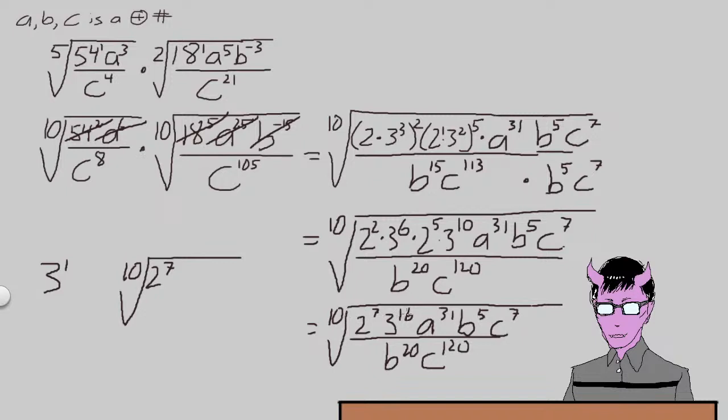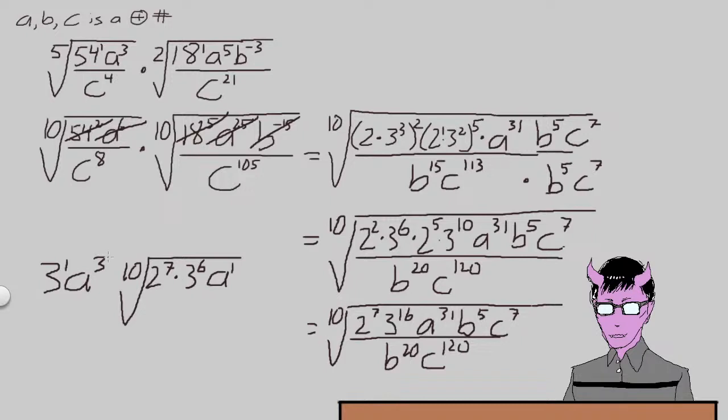How many do we have left over? 16 minus the 10 that we removed is 6 left over. How many 10s fit into 31? That would be 3. So we removed 30 A's multiplied together, so we have 1 A left over multiplied inside.